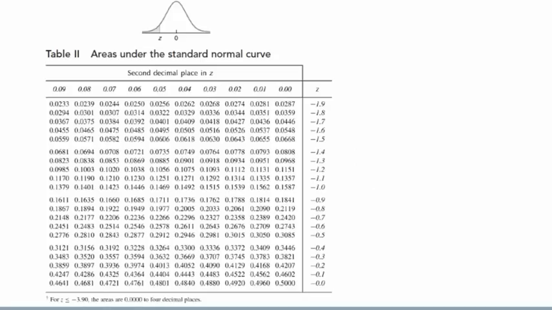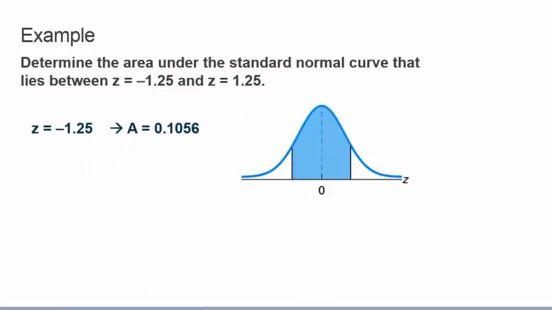Under z, we want to find negative 1.2. Then we go to the column for 0.05. And where they cross is the area for negative 1.25. That area is 0.1056.